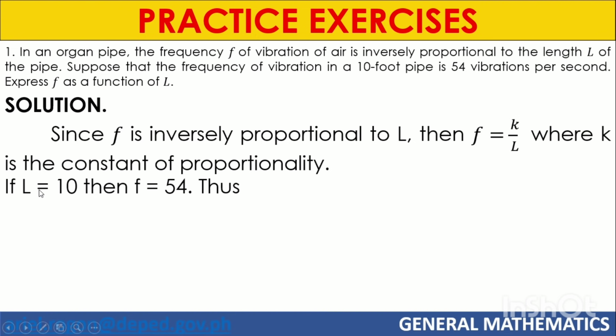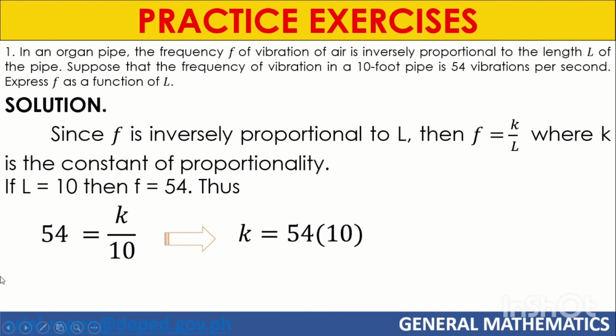Since we have a given L is 10 and F is 54, that is the 10-foot pipe in 54 vibration. So the constant is 540. Cross multiplication lang yan eh.